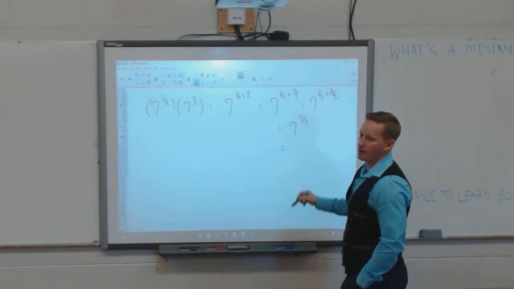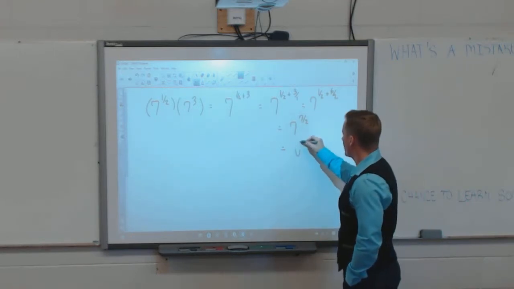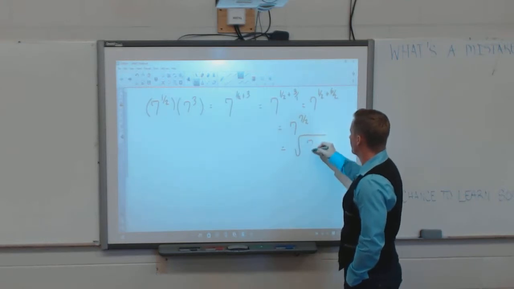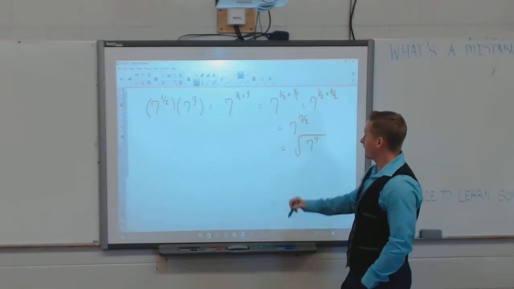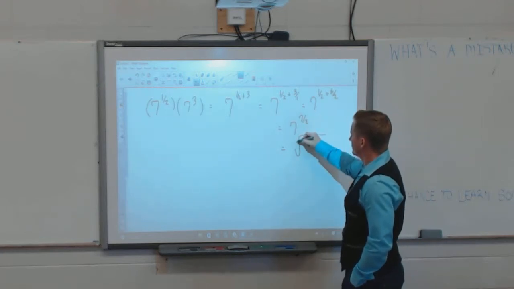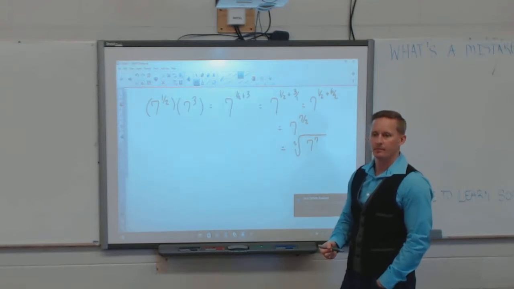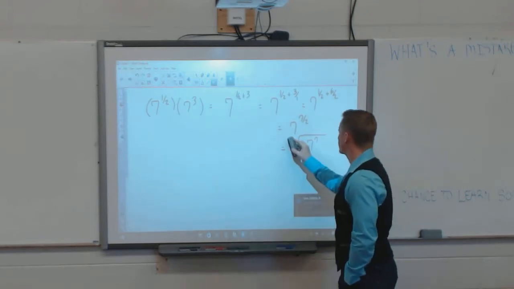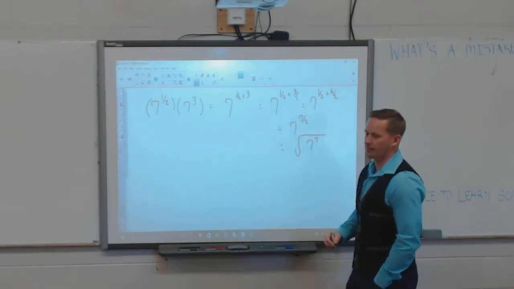The fraction part of it creates our root. So this can actually be written as the square root of 7 to the power of 7, because this would be like the second root, or the square root. That is something that we'll get to at some point.